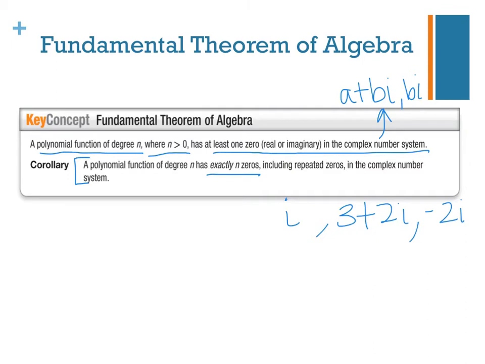So the number of zeros n is exactly equal to its degree, including repeated zeros, those zeros that are repeats, or a function that has a zero with a multiplicity, in the complex number system. So what we're looking at here is finding all the zeros of a polynomial function, not just the real ones that we see on the graph, but also finding those that are imaginary.